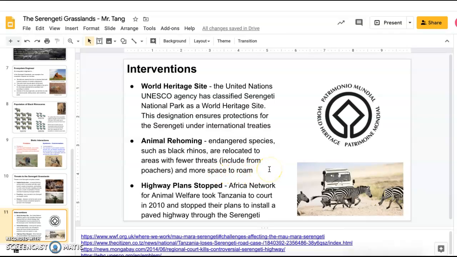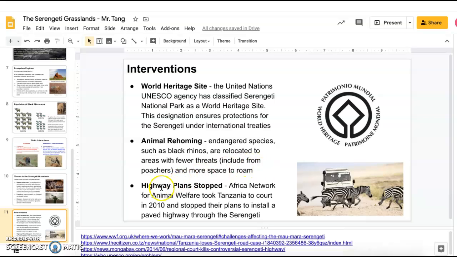So if there's an area where they know that animals are often victims of poaching, and there's a highly endangered species there, they may try to relocate them to a different area where they do a better job of keeping the poachers away, and where there's just fewer threats in general and more space for those animals to thrive.